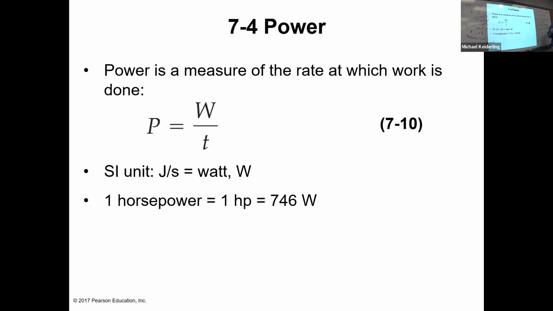In order to help sell them, he invented a unit called the horsepower. 1 horsepower is 746 watts, roughly.